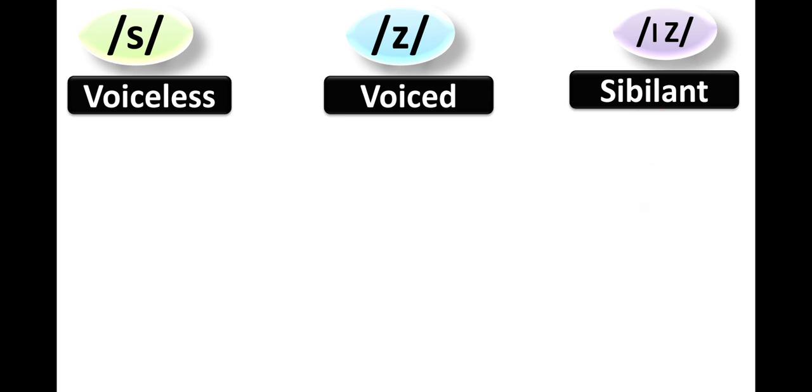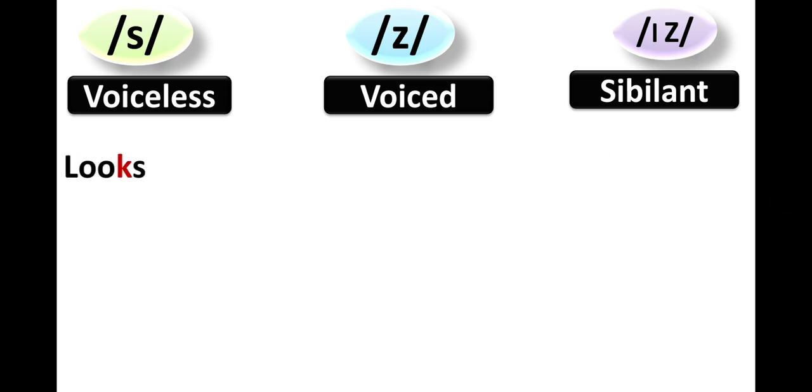So now I'll tell you in short. Voiceless sounds are those sounds when we pronounce them, our vocal cords do not vibrate, but when we pronounce voiced sounds, our vocal cords vibrate. And what are sibilant sounds? Sibilant sounds are those sounds which are produced forcing air out toward your teeth, like s, z, sh, ch, j.